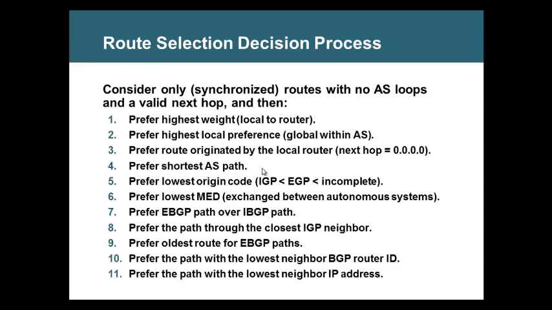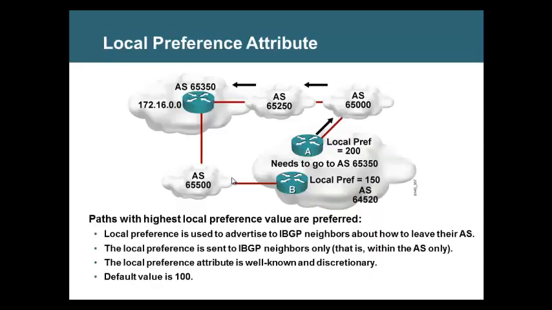Now if there is a tie in all these three, prefer the path with the shortest AS path. What does that mean? The number of autonomous systems in the path should be less. If you see this picture, to go to this autonomous system, if I go this way, it is 1, 2, 3 hops. If I go this way, it is 1, 2 hops only.